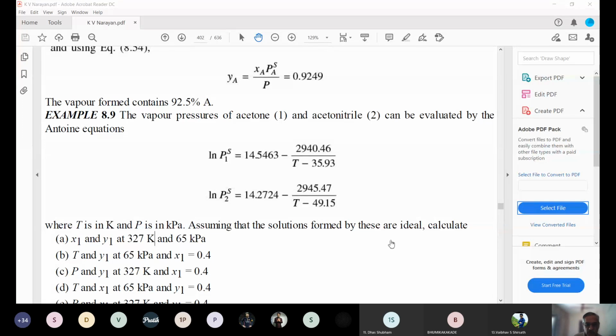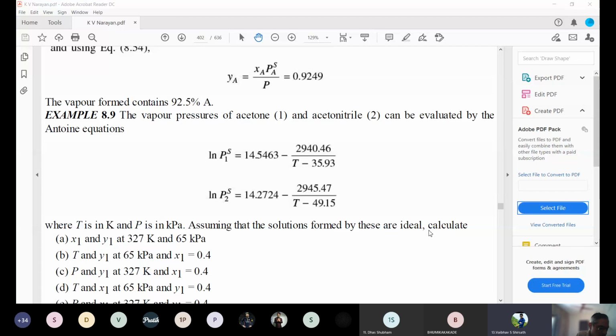हो गया क्या P1s P2s? Yes, sir. What is the value of P1s and P2s?